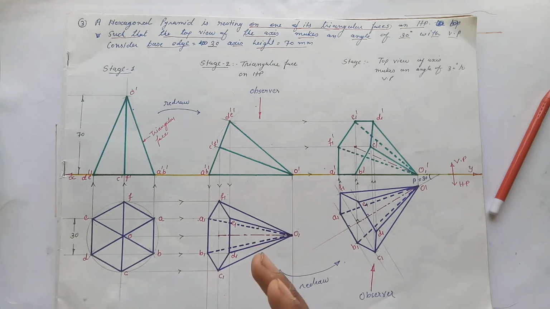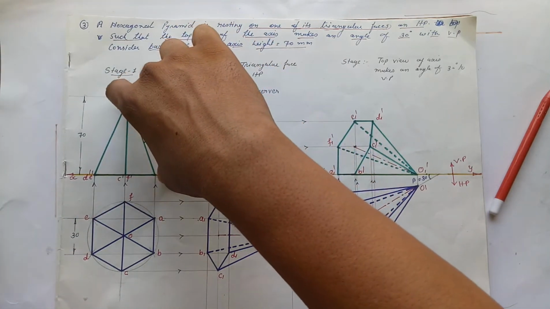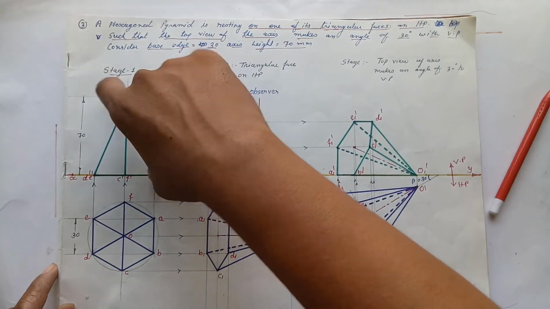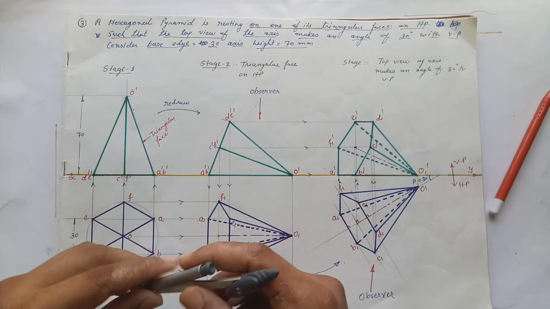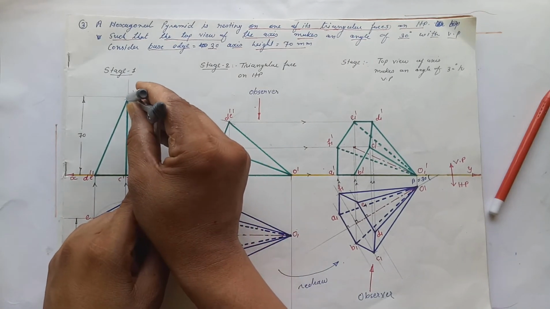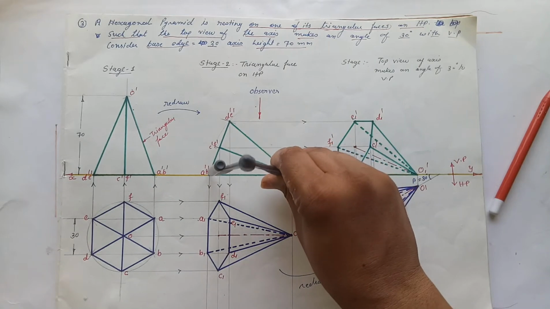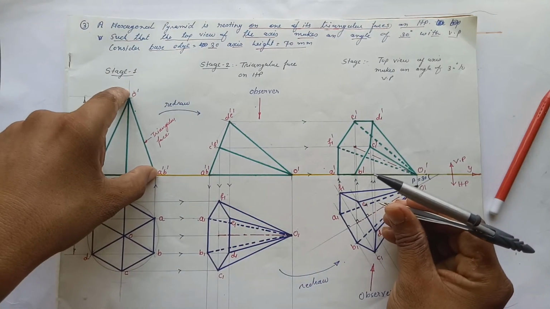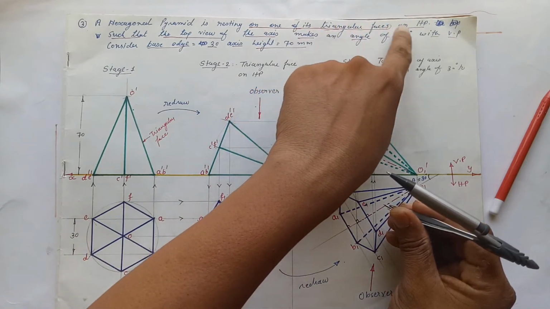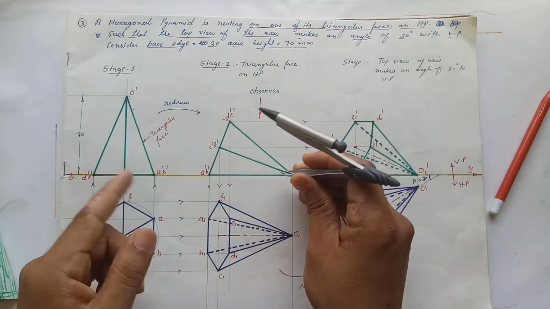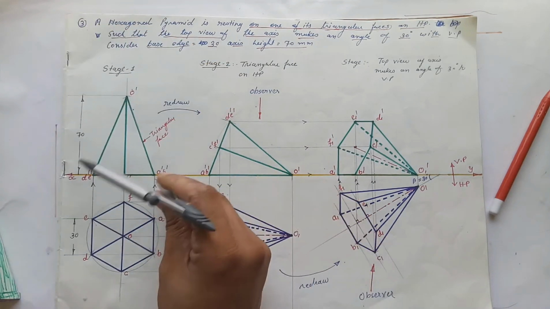So if you want to show the triangular face on HP, we have to draw the elevation of the triangular face on XY line. So now measure o dash a dash b dash, and take the triangular face on XY line, because it is given as one of the triangular faces on HP.